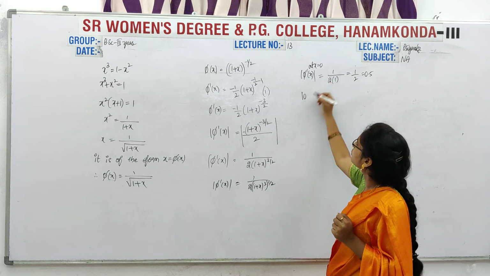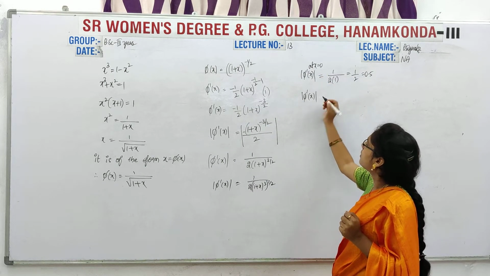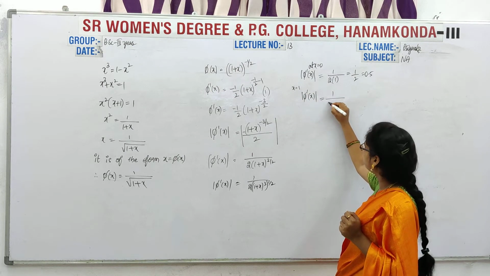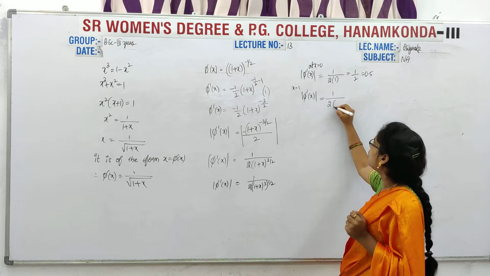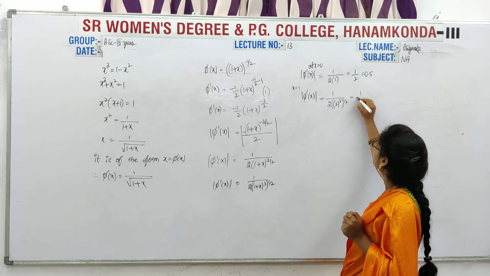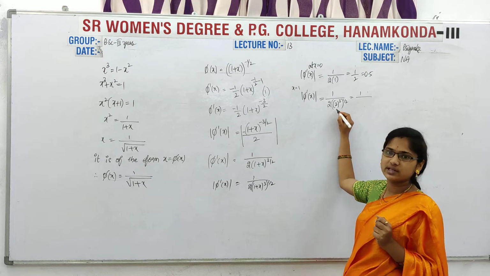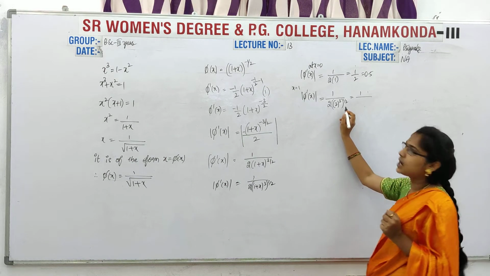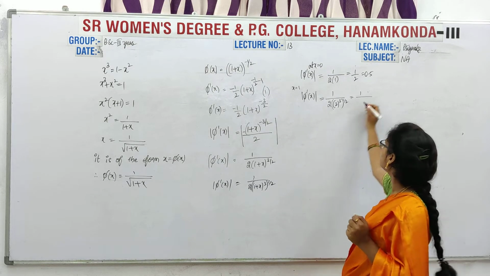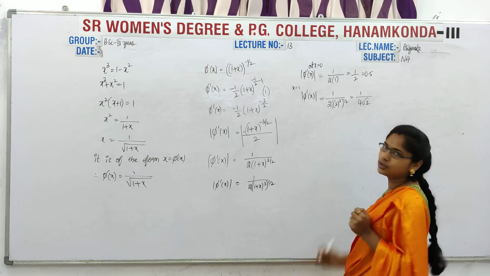Next, phi dash of x at x equal to 1: 1 by 2 of 1 plus 1, that is 2, 2 whole cube whole power 1 by 2, equal to 1 by 2 into 2 cube means 8. So under root of 8 can be written as 2 root 2. That means 4 root 2.